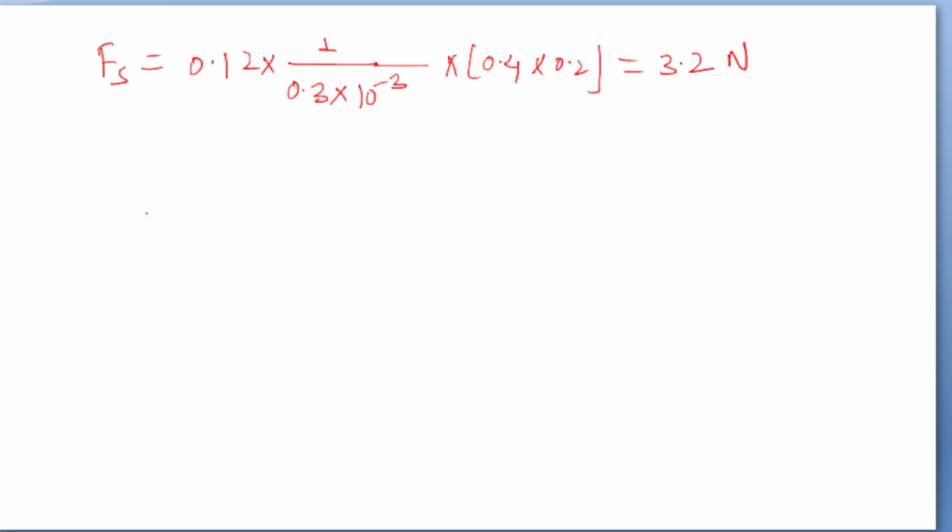Now we repeat the previous concept, balancing the force along the surface.